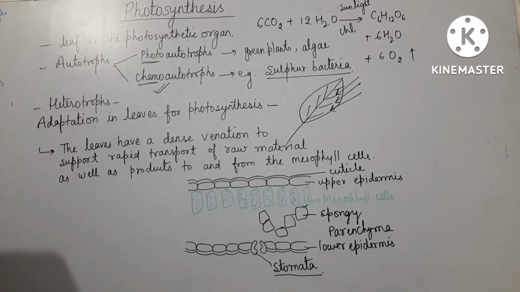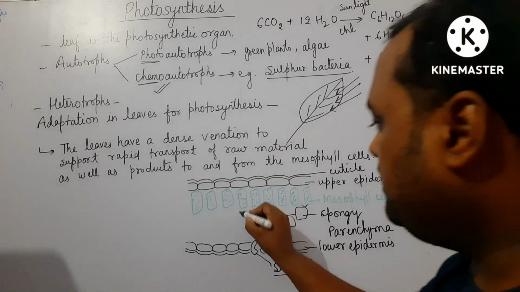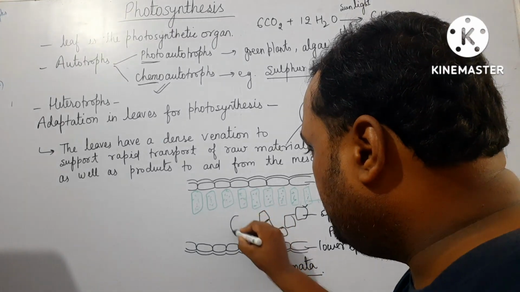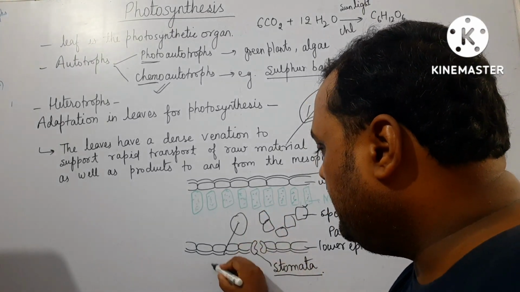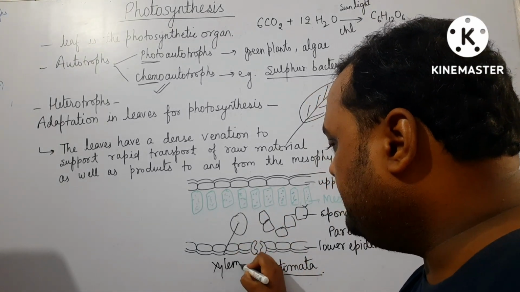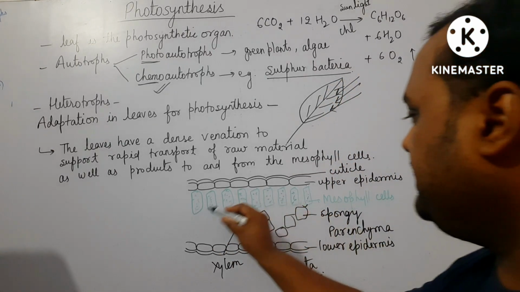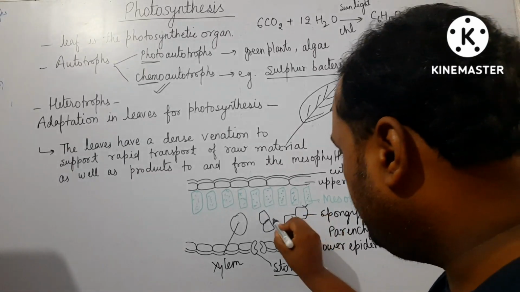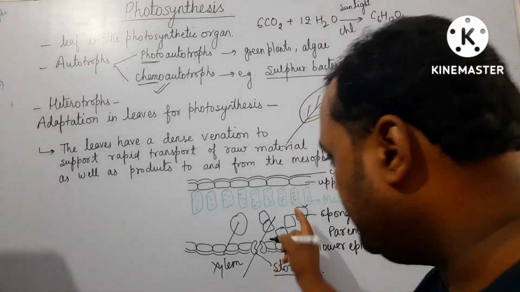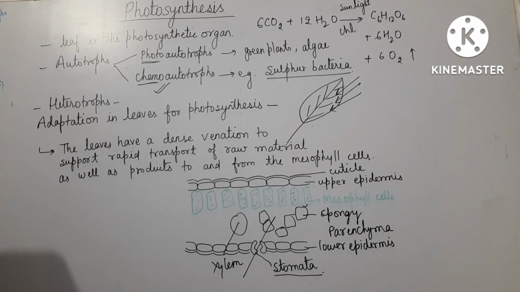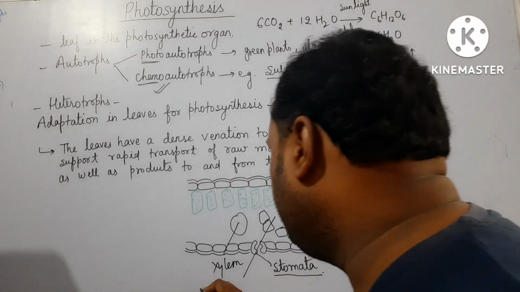Now in this space some of the xylem and phloem are also present, and those areas which are spacious, where you can see there is nothing, that is known as intercellular space.